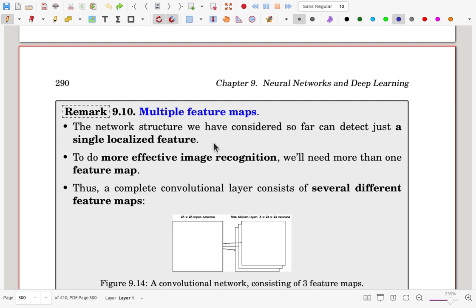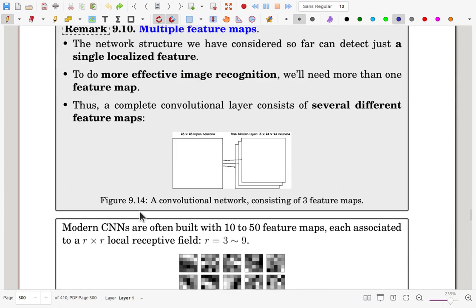In reality, we have to make several different feature maps. In this picture, right now, we have 3 feature maps. But usually, a CNN is built with more than 10 and sometimes more than 50 feature maps.